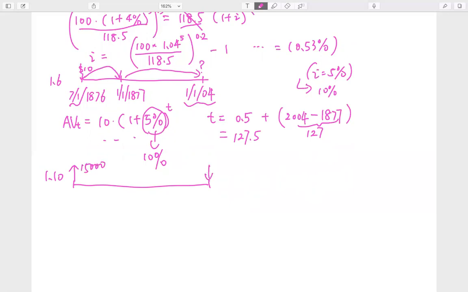So the lender will receive 18,750.65 over 36 months. That is 3 years, right? So here it's 0, here's 3. I want to know the annual effective discount rate.